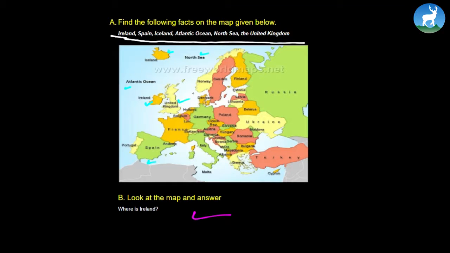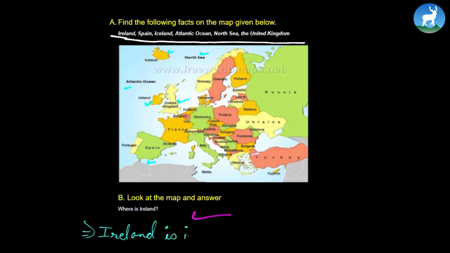Okay, so this is just an activity, and let's figure out how to give the location and positions of these islands. That's why a question is asked here: where is Ireland? Well, for now you can say Ireland is in the Atlantic Ocean next to the United Kingdom. Mind you, we'll be answering that again, but for now, let's just answer it. Where is Ireland?